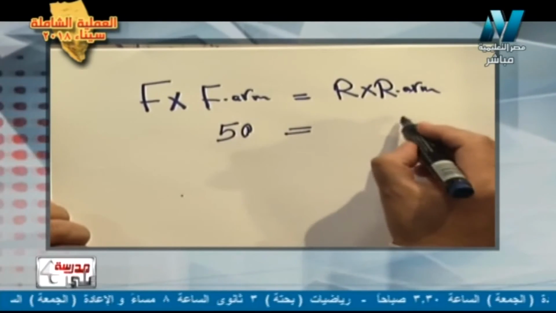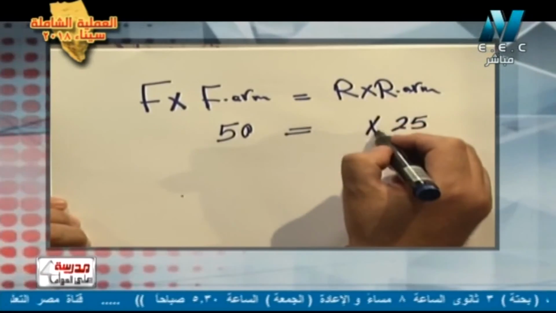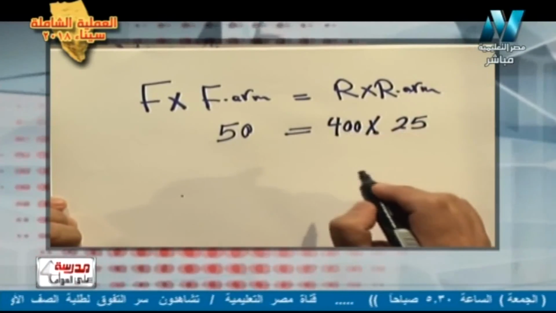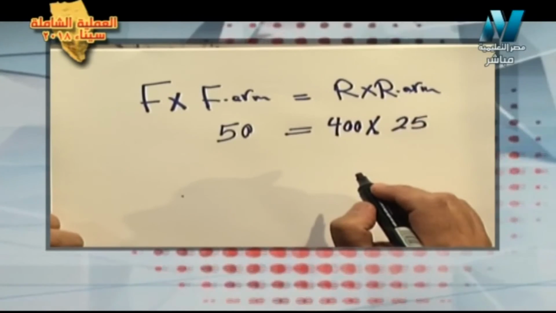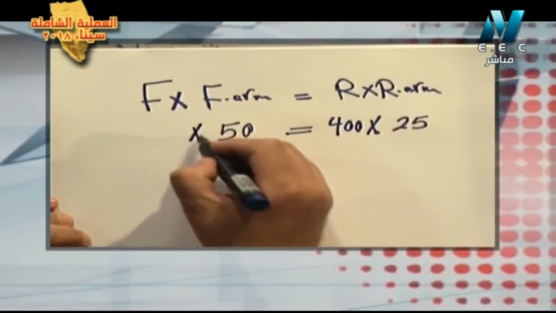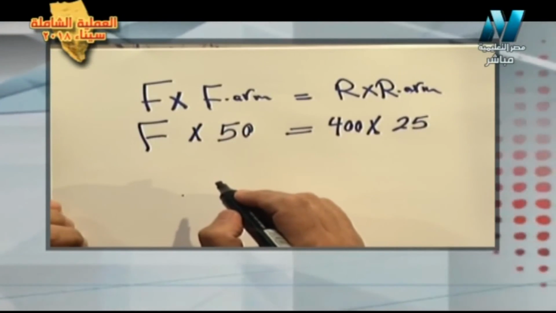If the value of the resistance is 400 Newton, calculate the value of the effort force and mention the type of lever. I must find the value of the effort force and also mention the type of the lever.